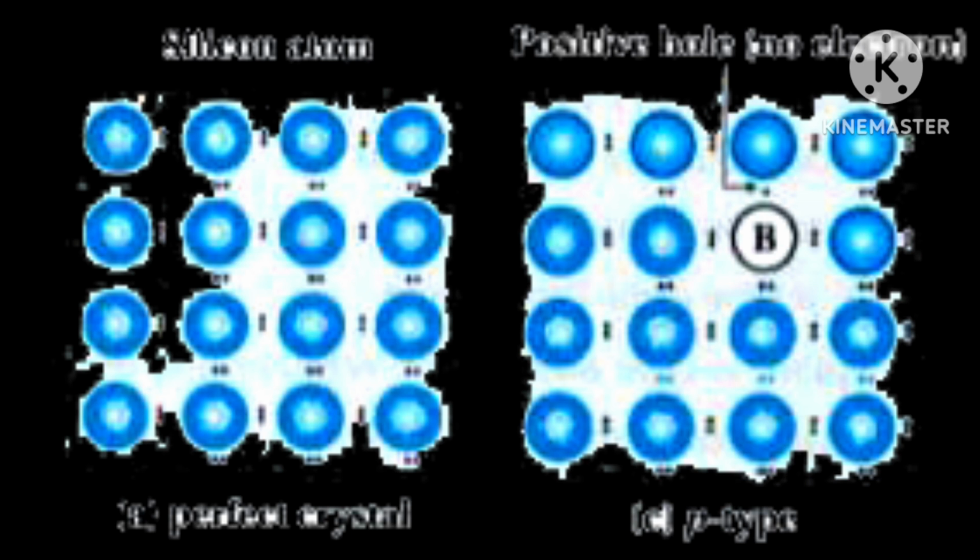Actually, I will send some diagrams for all the things. An electron from a neighboring atom can come and fill the electron hole. This is an important thing. An electron from a neighboring atom can come and fill the electron hole, but in doing so, it would leave an electron hole in its original position.